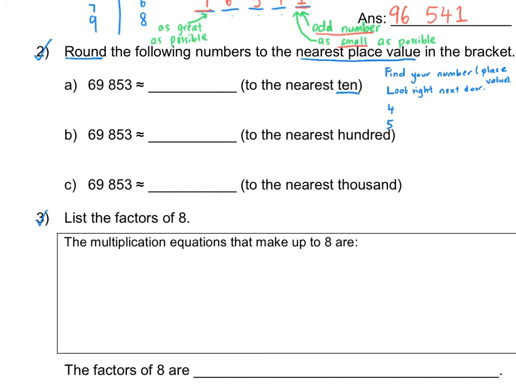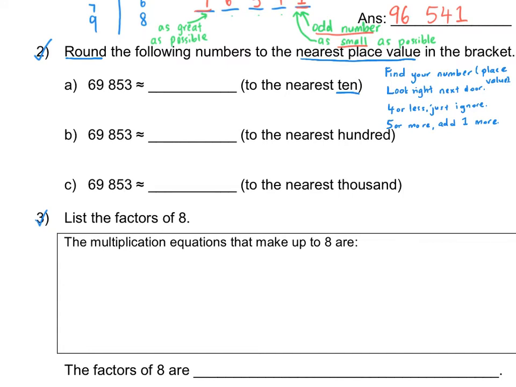And 4 stands for 4 or less, just ignore. And 5 stands for 5 or more, add 1 more. So the poem reads, find your number, look right next door, 4 or less, just ignore, 5 or more, add 1 more.